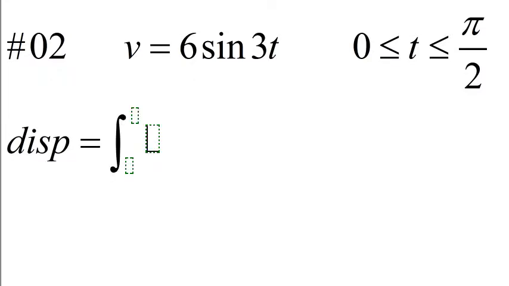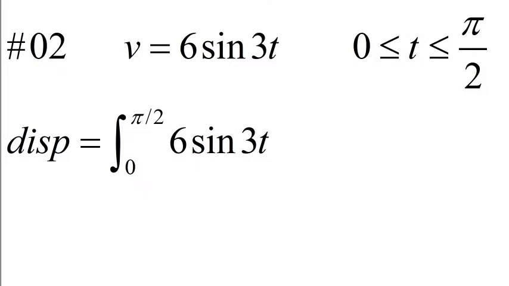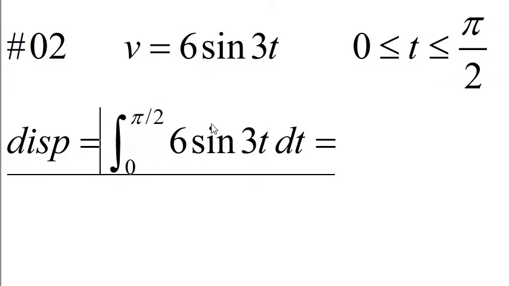Integral from 0 to pi over 2 of 6 sine 3t dt. That's it. Now let's use our calculators to figure out what that's equal to, and that will be our answer.